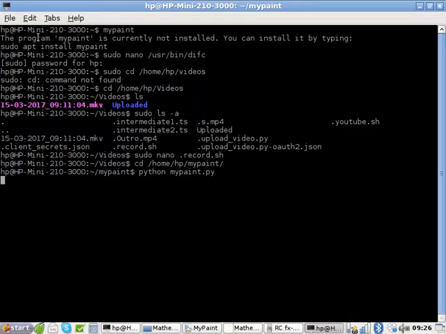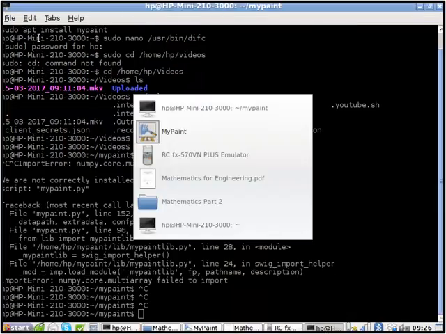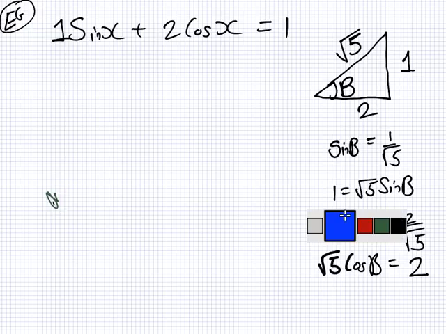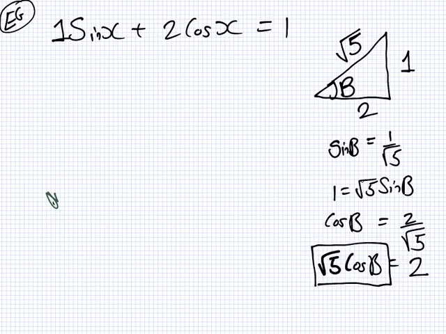Typical. As soon as I open up the new one, the other one has caught up. Right, so as I was saying, as I was writing over here, we have 2 is root 5 cos b, and 1 is root 5 sin b.